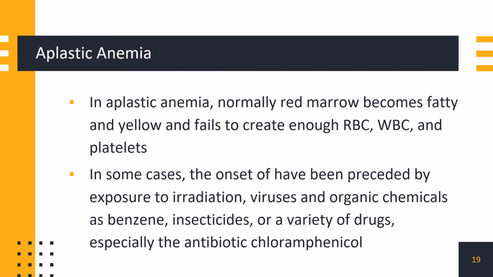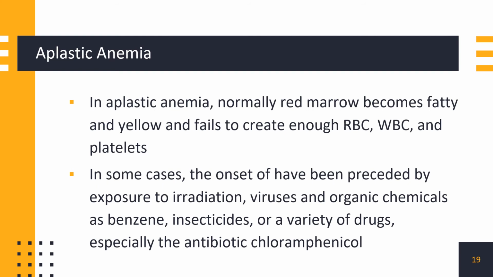In aplastic anemia, normally red bone marrow becomes fatty and yellow and fails to produce enough red blood cells, WBC, and thrombocytes.